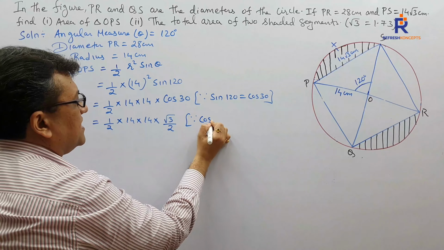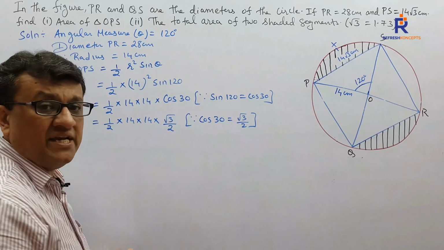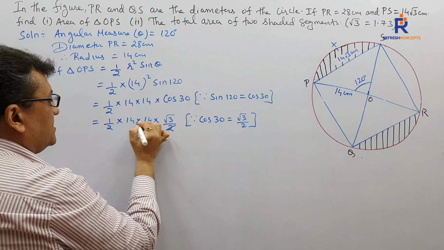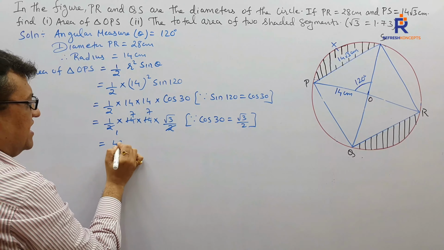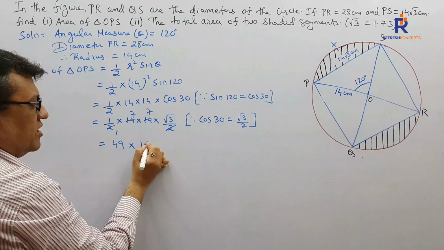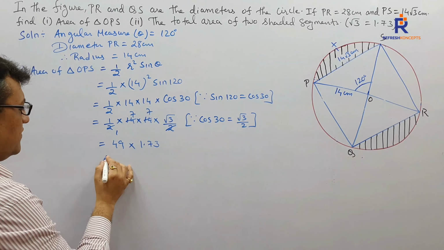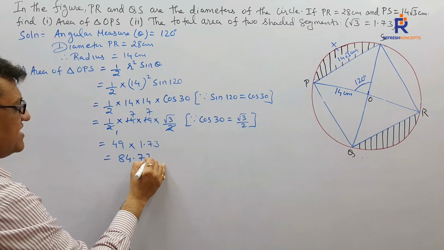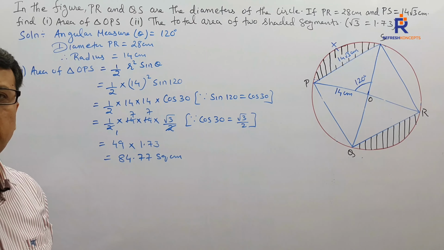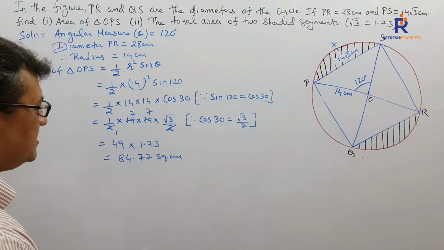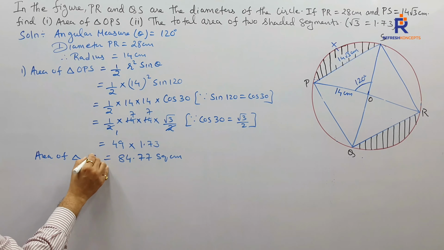That gives 1 times 7 times 7, which is 49 into root 3, and root 3 is 1.73, as they told us to take. On multiplying, 49 into 1.73 is 84.77 square centimeter. That's the area of triangle OPS.